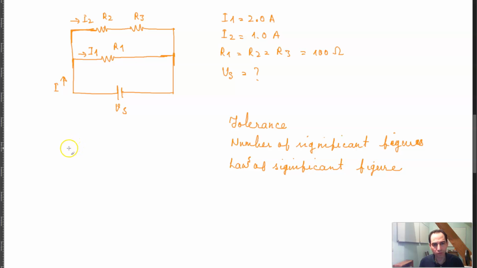Any measurement, and this is very important, always contains some uncertainty.